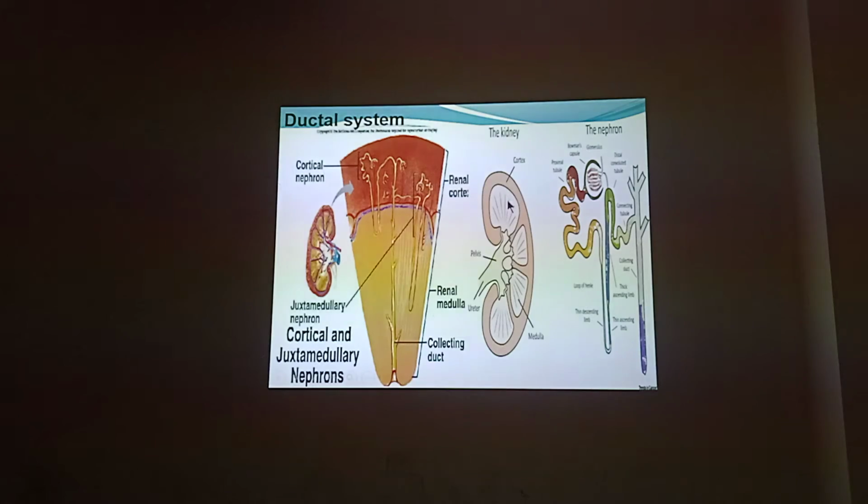medullary ray is again a lightly stained structure, and they are nothing but the collecting tubule. Okay, and regarding the ductal system, here you can see this is the renal pelvis, and up to the lower pole of the kidney, this is named as renal pelvis.